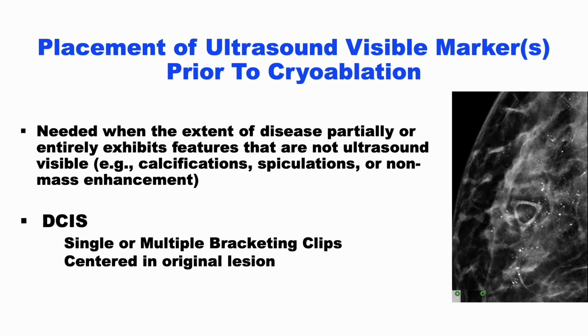In most instances, ultrasound alone is sufficient for locating and guiding cryoablation of an ultrasound-visible tumor. However, when the cancer exhibits features that are not fully ultrasound visible, like calcifications or mammographic densities or MRI enhancement, then, as you learned in part 1 of the presentation, mammography-guided or MRI-guided insertion of an ultrasound-visible biopsy site marker provides a surrogate target for locating and directing the cryoprobe for ultrasound-guided cryoablation.